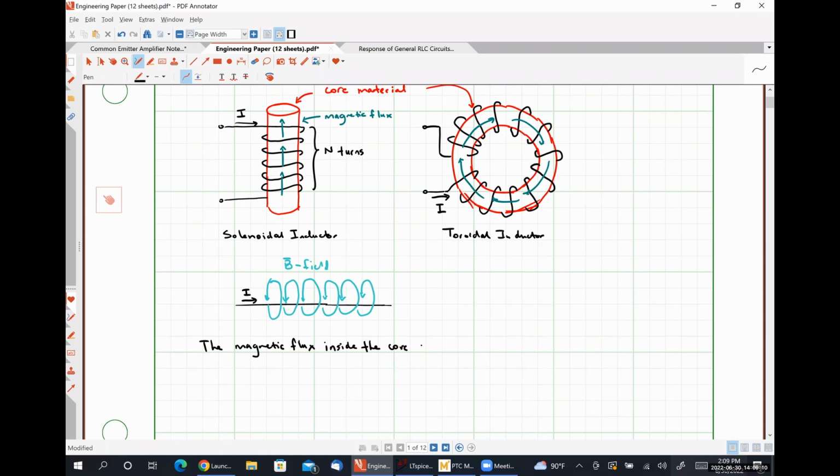So the magnetic flux inside the core is concentrated, which, hold on, concentrated by coiling the wire, which is what we have observed in both of our inductors.